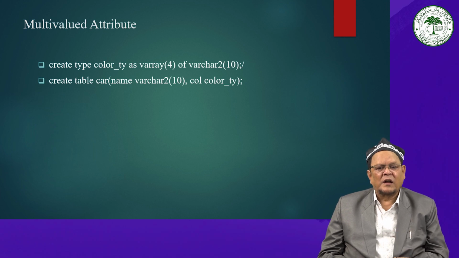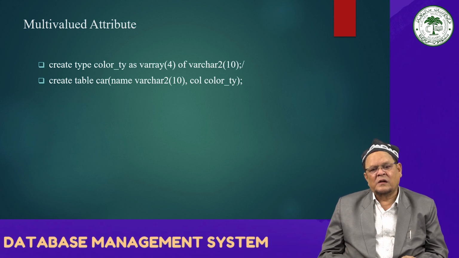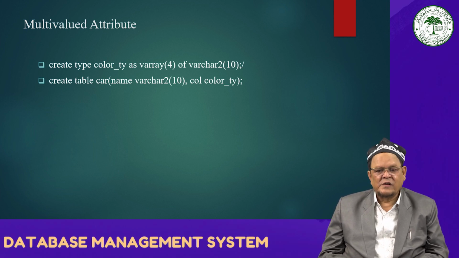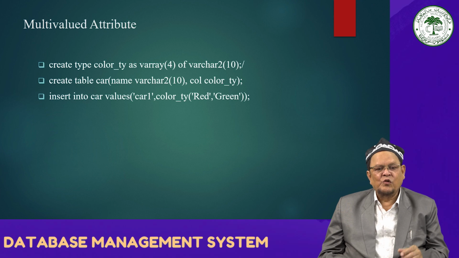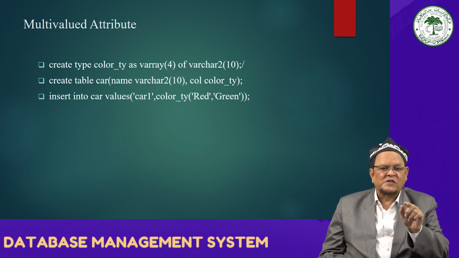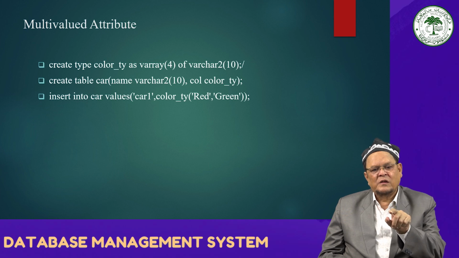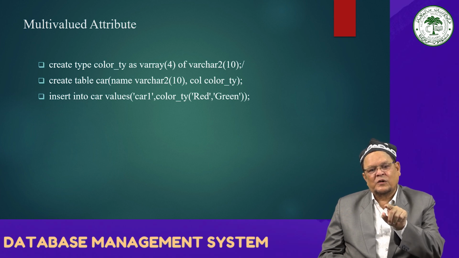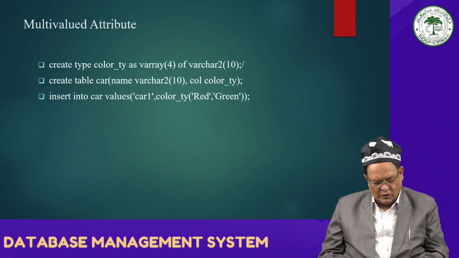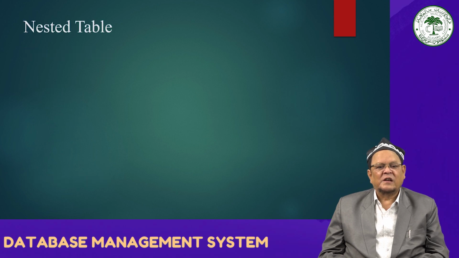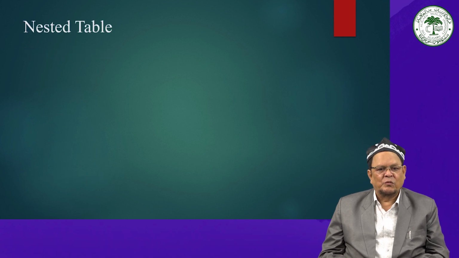Create table car, name varchar2 10, and the color column color_ty. Then you have to insert the value. How do you do it? Insert into car values within the bracket car 1 and color_ty red or green, whatever you write. So these are what we can call multi-valued attributes.